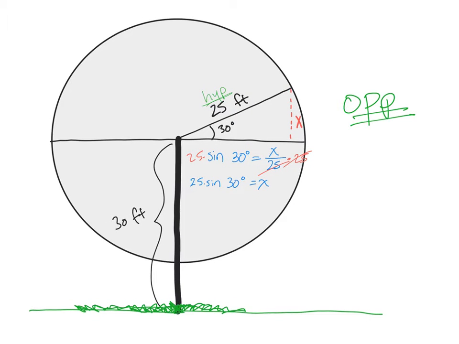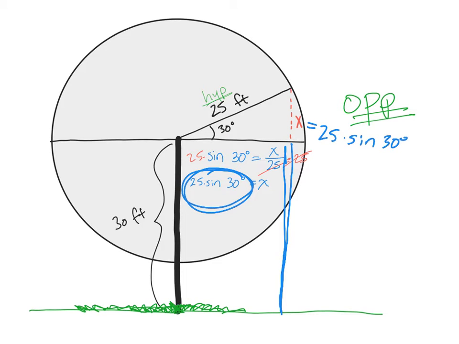So the height of the center of the Ferris wheel, remember, is 30 feet. We know that this x value right here is 25 times the sine of 30 degrees. But then we also have to take into account this part right here, which we know is 30 feet.